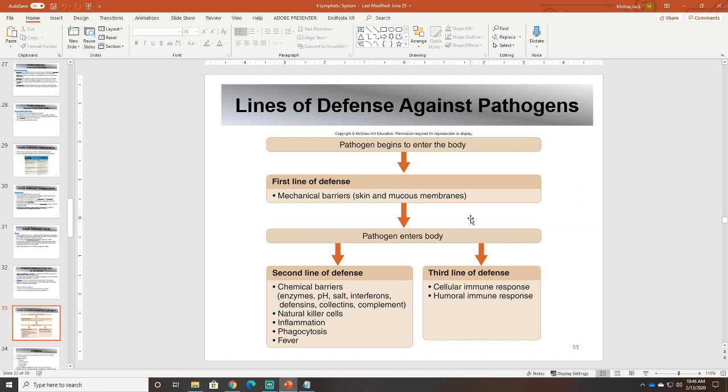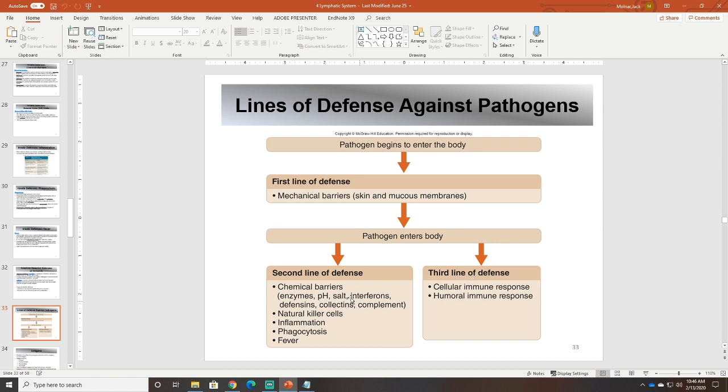Okay, so you can see here the divisions of the innate defenses. A pathogen enters the body and it encounters the first line of defense. We've got mechanical barriers such as the skin and the mucous membranes. Now let's say there's been a break in the skin or the mucous membrane. Now the pathogen can get into the body. We slip past the first line of defense. Well, now you're going to have to run into the second and third line of defense.